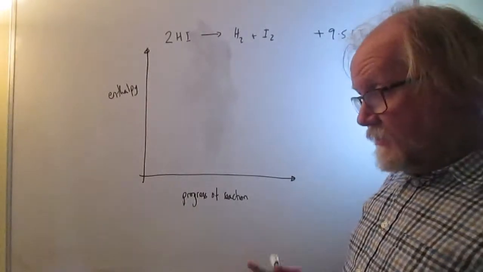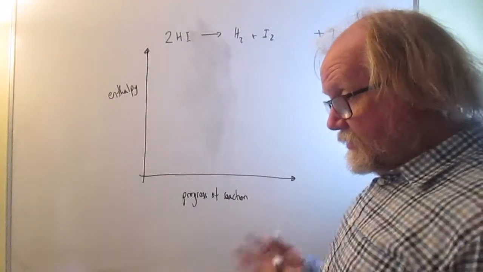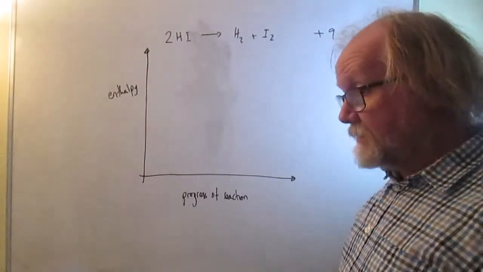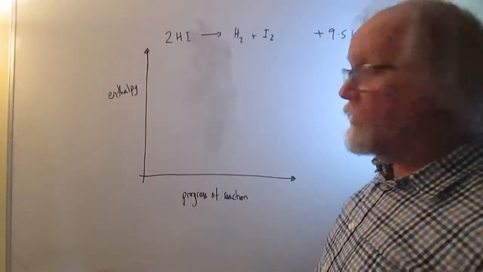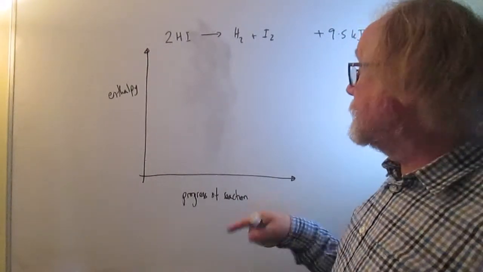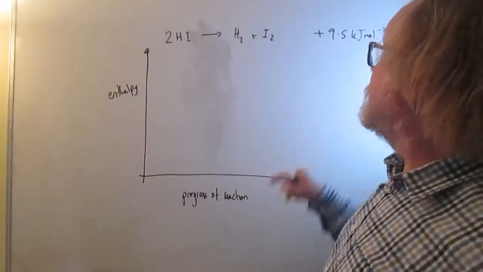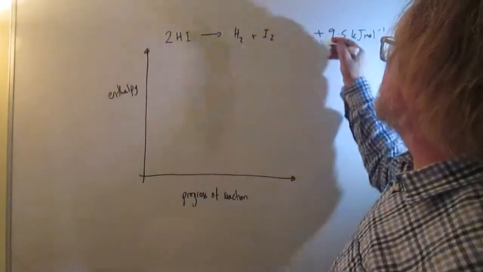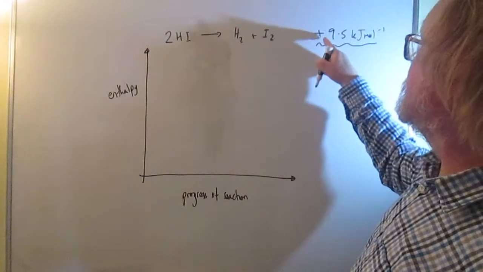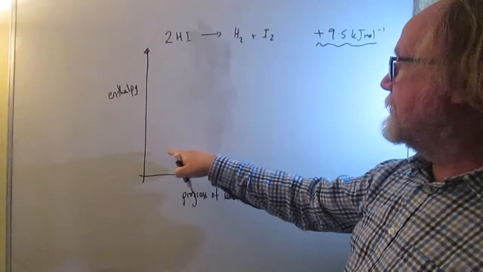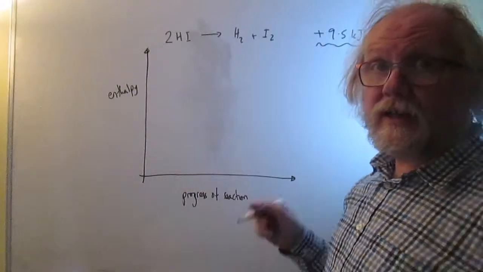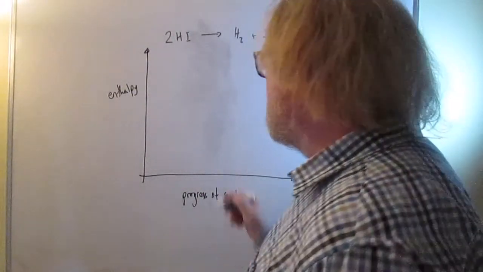Part B again is actually a very standard question, so as long as you're careful, this again is an easy one. So enthalpy profile diagram means that first of all you've got to mark on the enthalpy levels of the reactants and products, and the key thing to notice is that delta H is positive, so it's an endothermic reaction, meaning the products are going to be higher than the reactants, so make sure you get that the right way around.